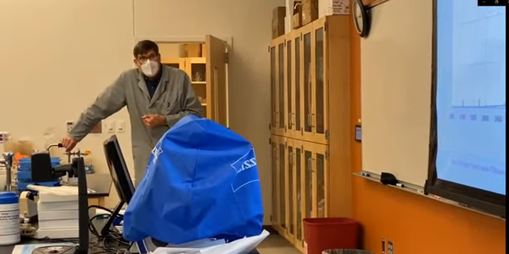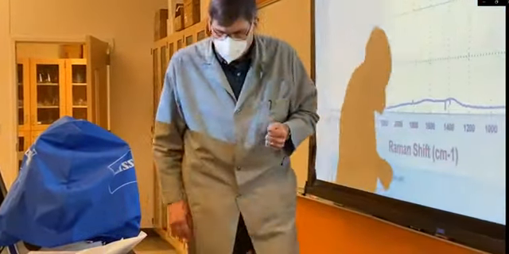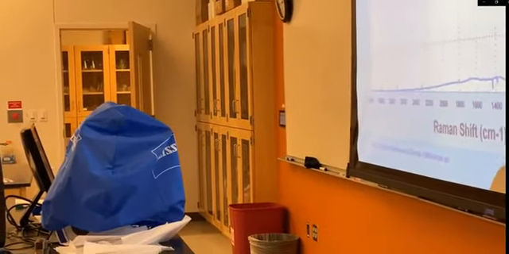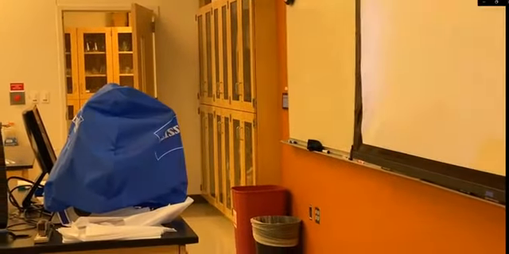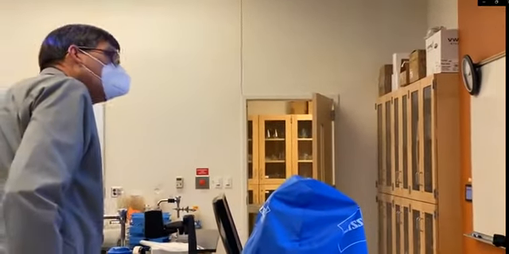Okay. So what you will do for your standards is, as we prepare our standards, we'll scan the standards. You will then measure the intensity of each standard at 875 wave numbers.